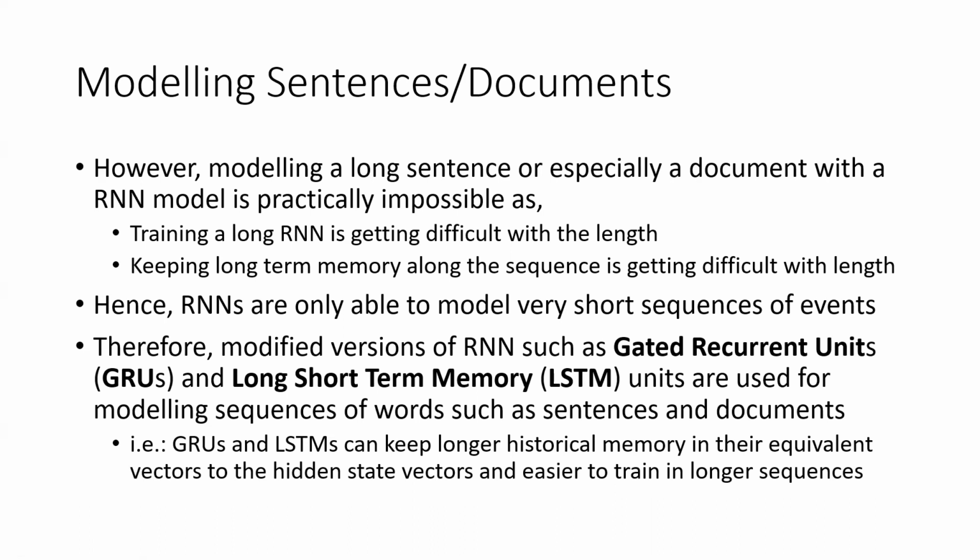So when you implement deep neural networks for your requirements, make sure you use either GRUs or LSTMs for natural language processing instead of RNNs, right? Because RNNs are not really practical for a significant task.